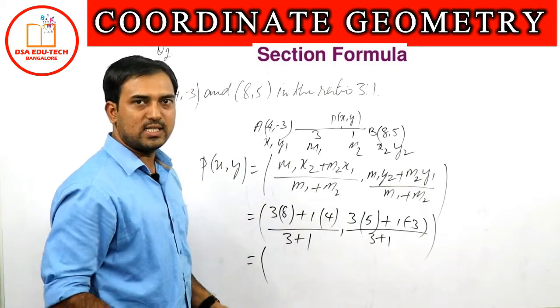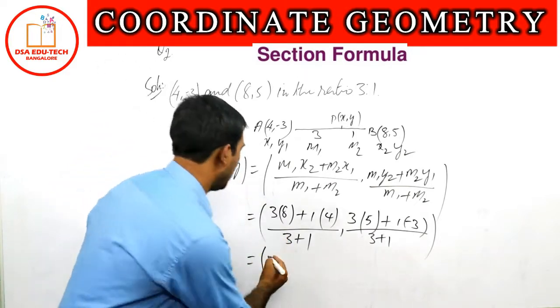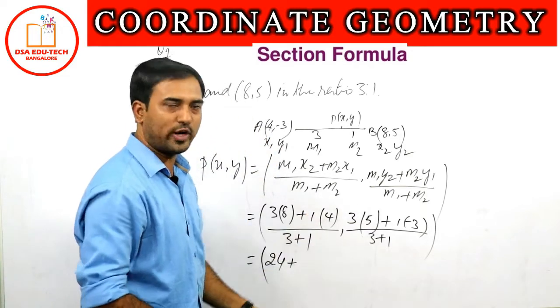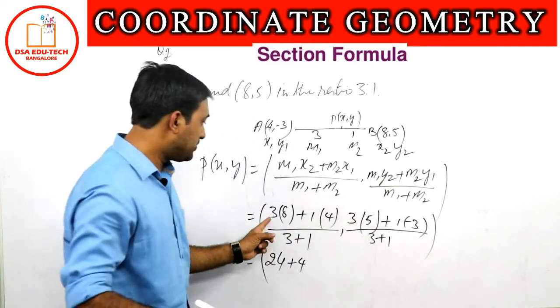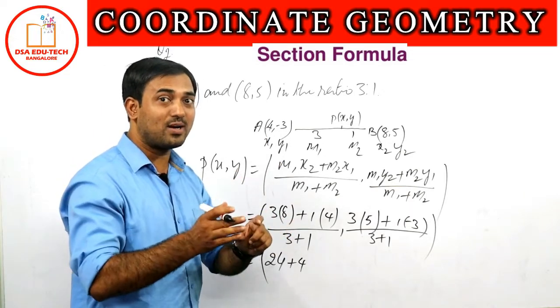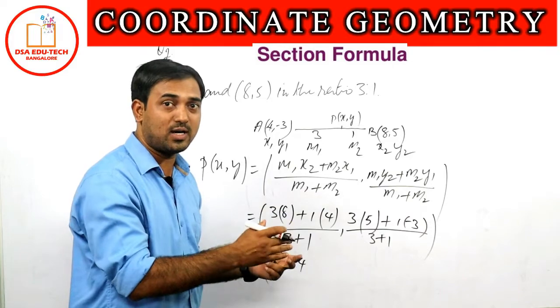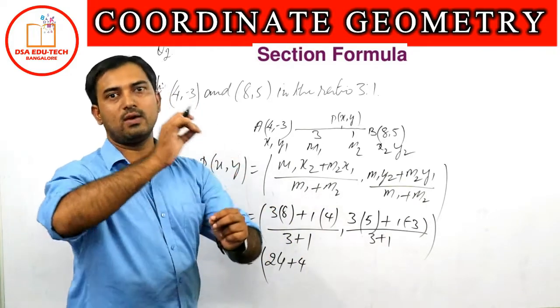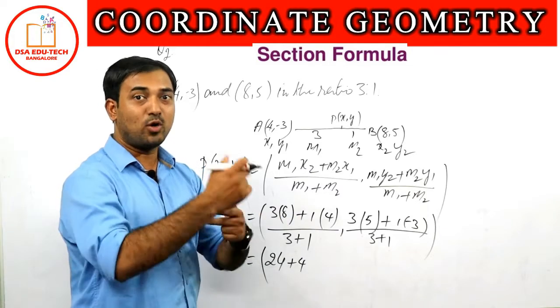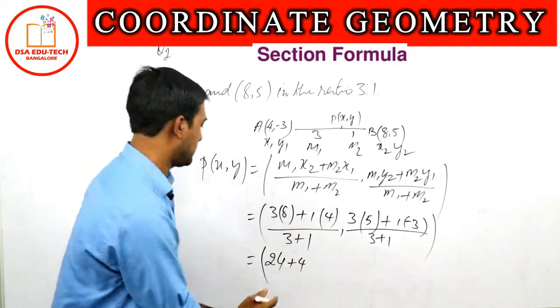3 into 8 is 24. 24 plus 1 into 4 is 4. If you observe, I am not multiplying the sign because both the numbers have the same sign. Whenever we get the opposite sign, then we have to multiply the sign first, and after that we multiply the numbers.